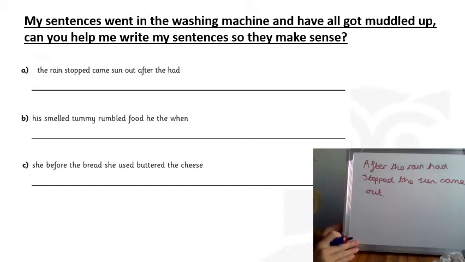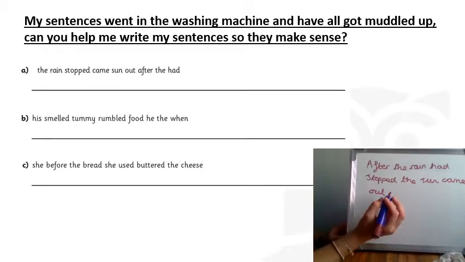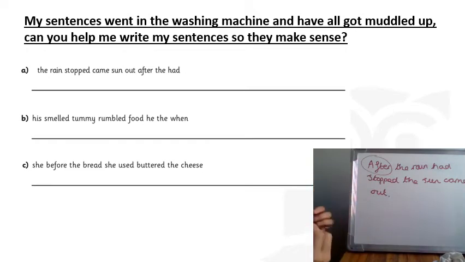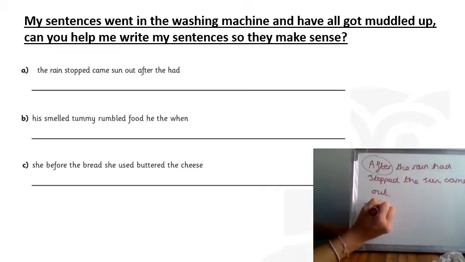Now, obviously that's not the only sentence I could have. We could change it so that the time conjunction after is in the middle of the sentence. So I need to now think of how it could happen. The rain had stopped after the sun came out. I think actually that one doesn't quite work as well as the sun came out after the rain had stopped.